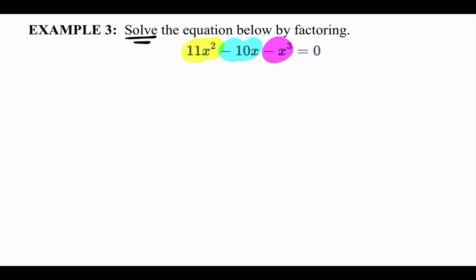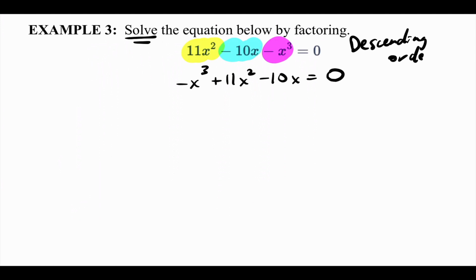So they go with their signs. Negative x cubed needs to be in front, positive 11x squared, and minus 11x. That's descending order. Okay, that was step 1.